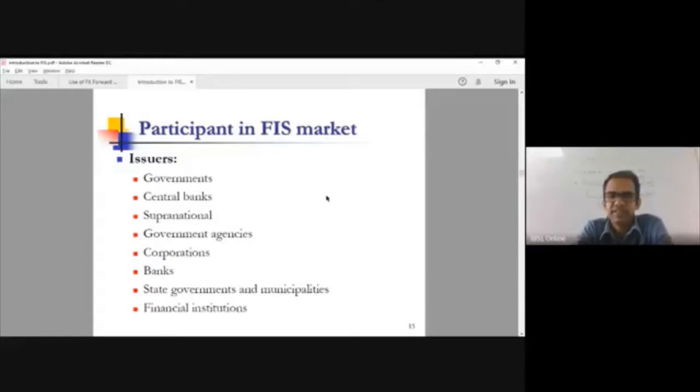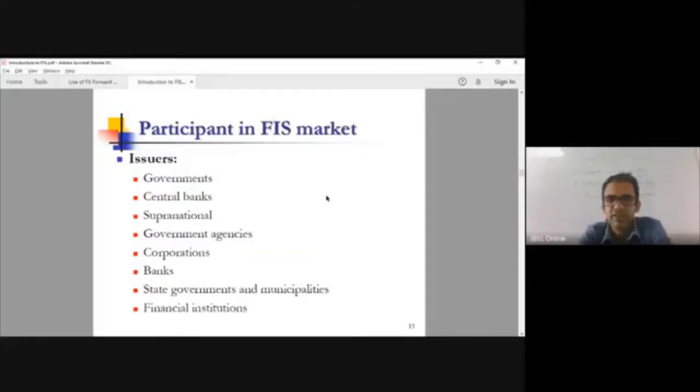And supranational agencies like JICA, ADB, Asian Development Bank, IMF or the World Bank, IBRD. In Europe, there are so many supranational agencies.